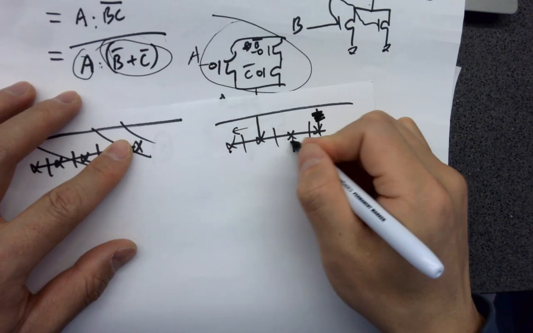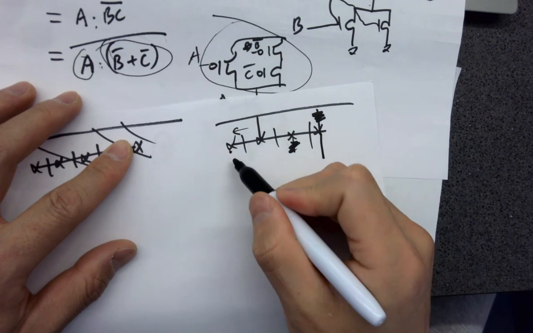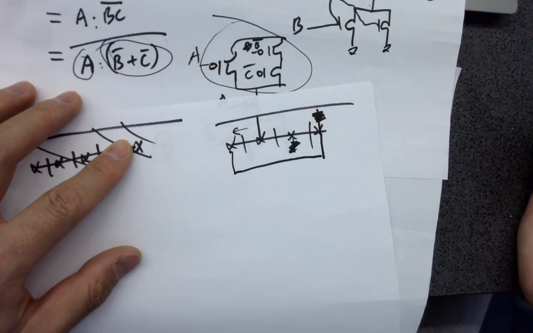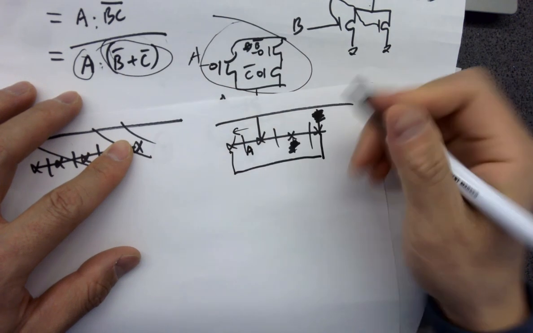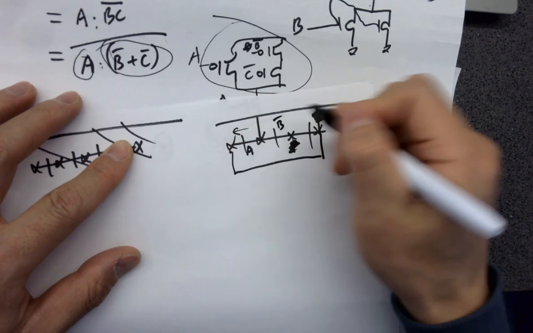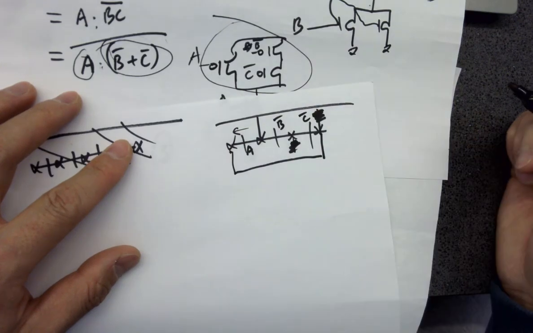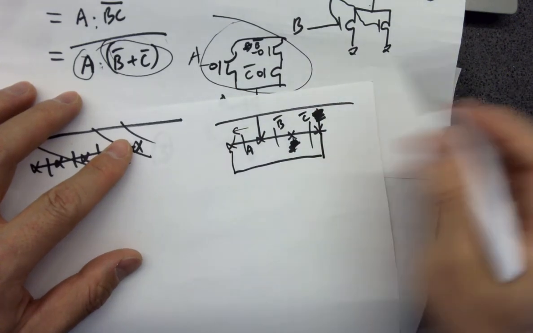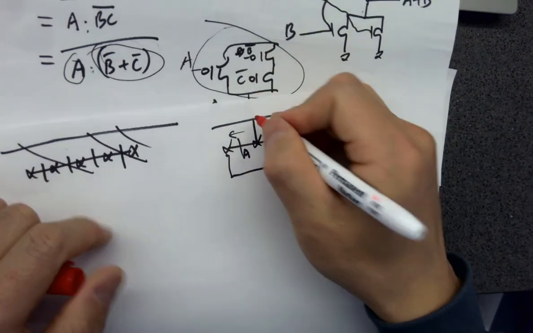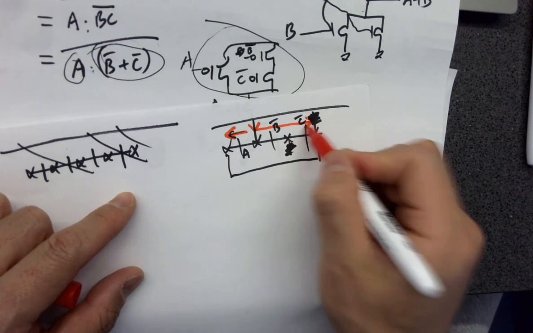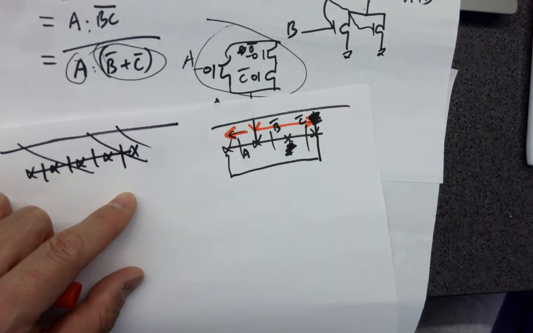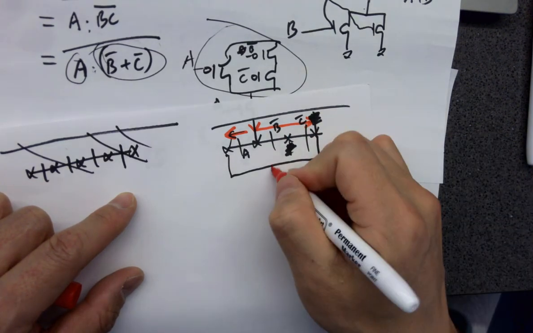This is really simple, right? Just this, right? So that is A. That is B not, C not for the gates. So the current flows from the VDD and goes through this transistor first, and then goes through these two series transistors. Right, eventually merge here.